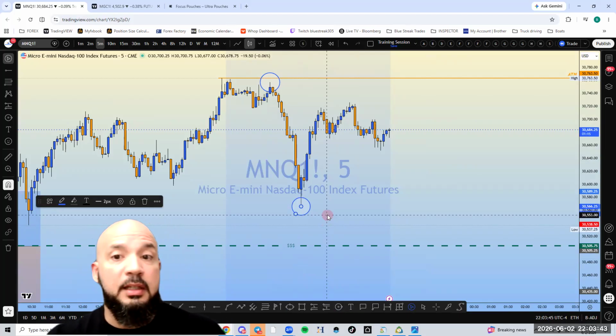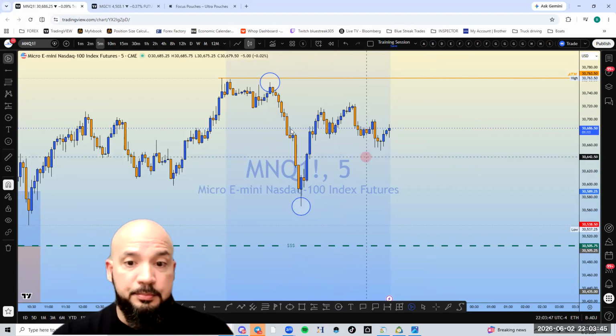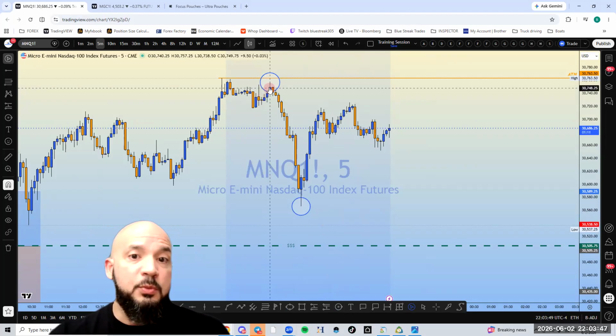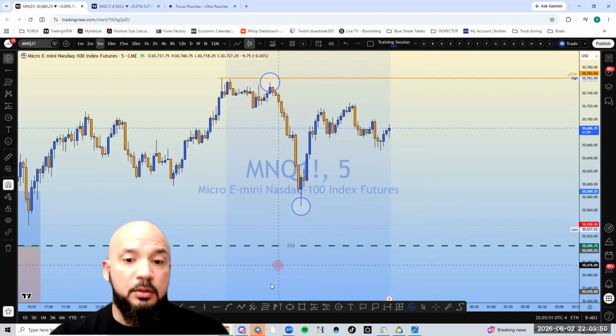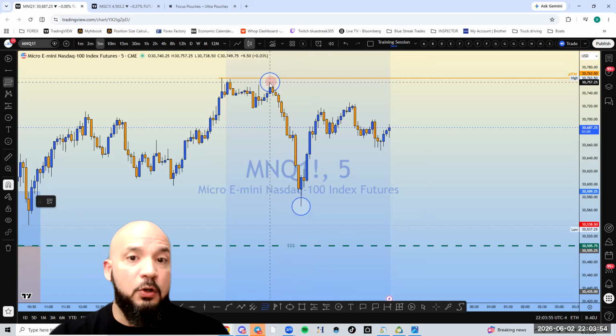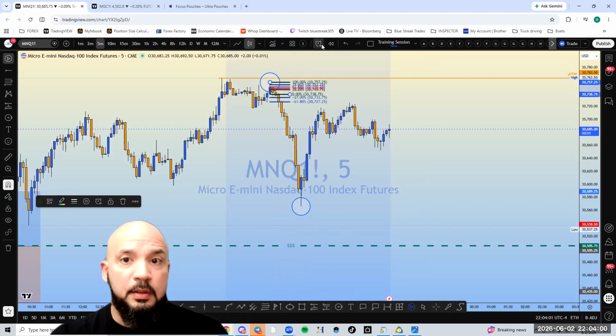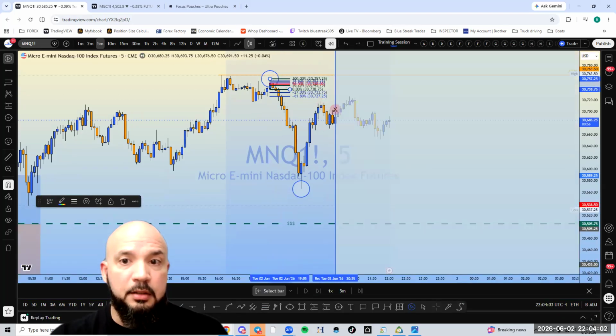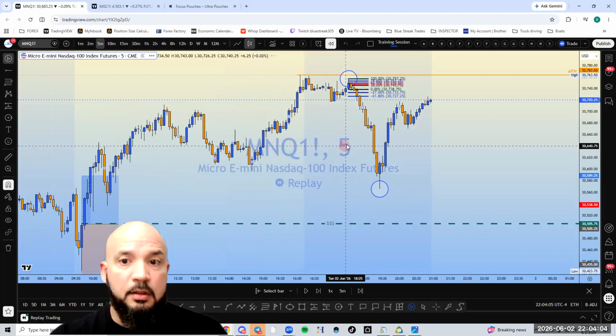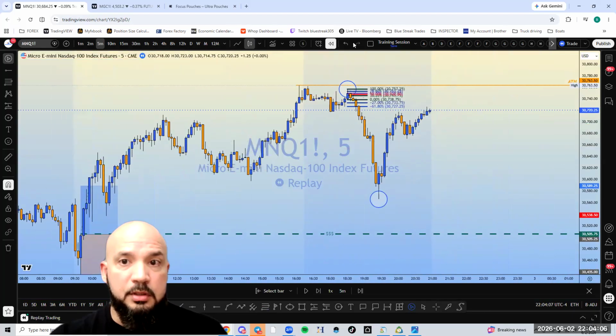So let's take a look at what that looks like. We see the high, we see the low. On a short, point A goes on the high or the swing high, whichever term you want to use. Let's play this back here. Actually, we could use this right here.